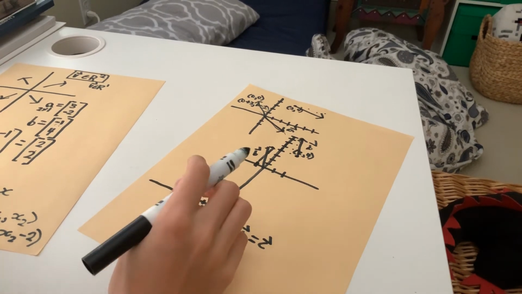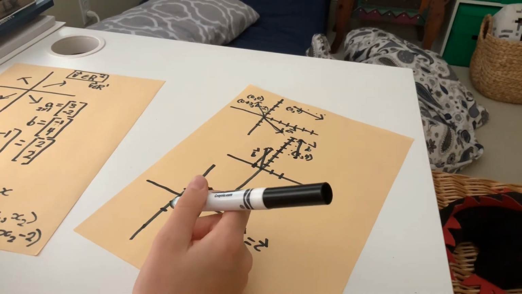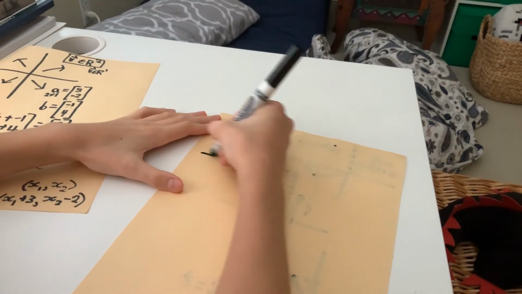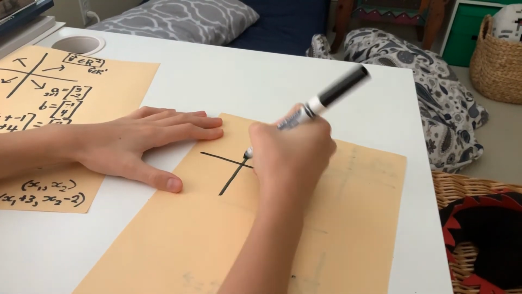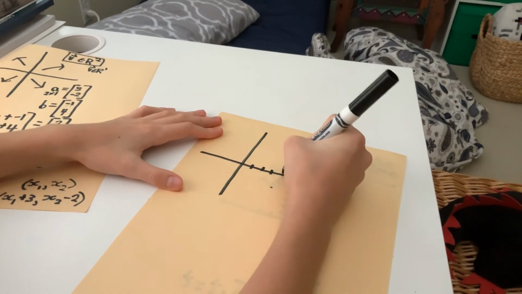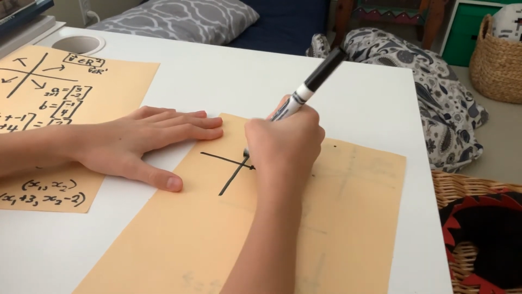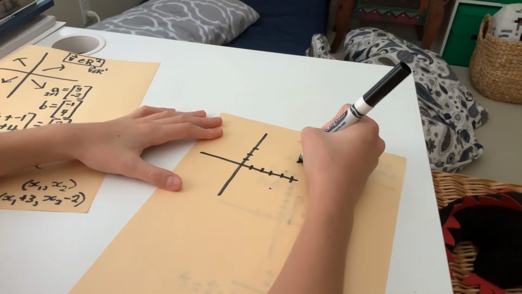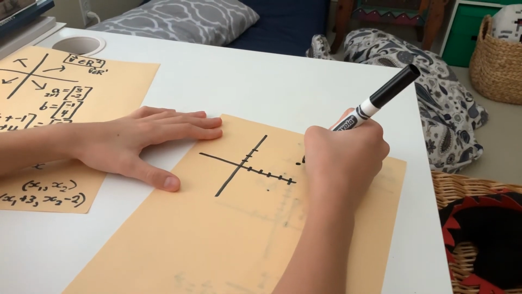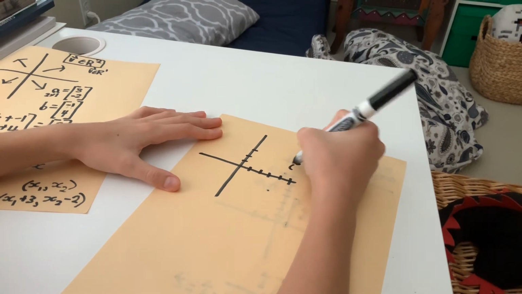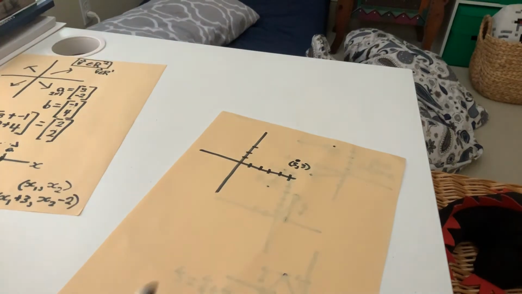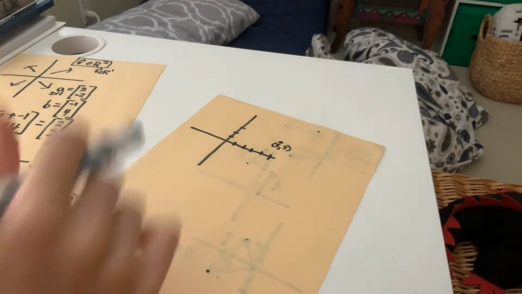So 1, 2, 3, 4, 5. Yeah, why don't we start from 5 and then 3. Okay, let's start from this arbitrary point, 5, 3.